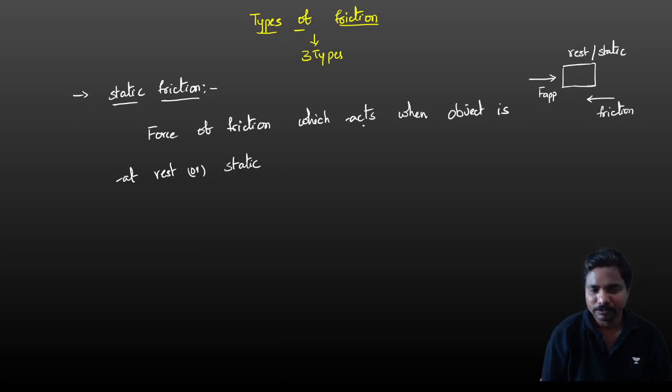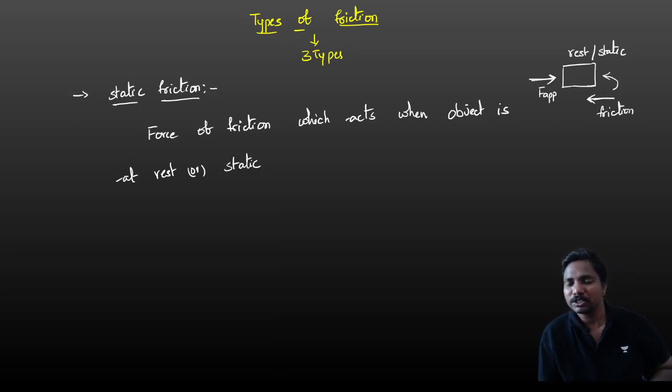That means if you try to move it, this force of friction acts opposite, so it makes the body stationary. For example, if it is 1000 kg and you applied some force, the object is not moving at all, which means something is acting opposite to you. That is nothing but static friction. So static friction tries to keep the object stationary.